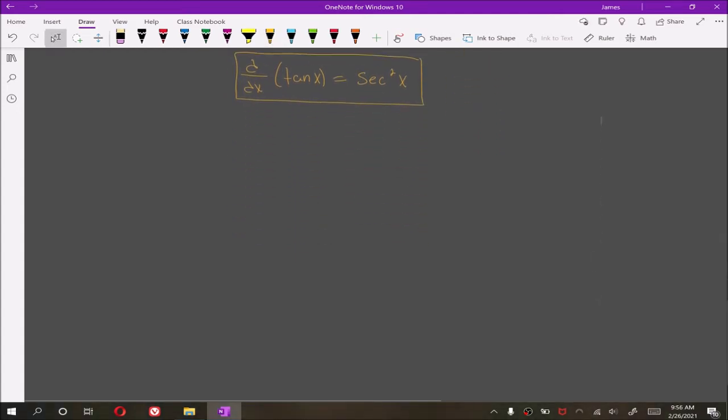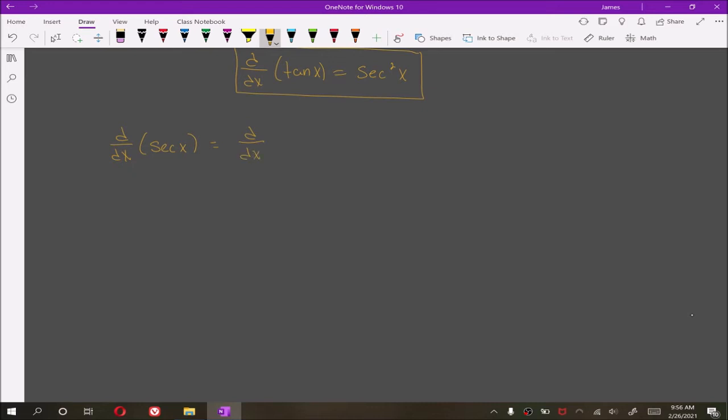Now we consider the derivative of the secant function. Again, we will not use the limit definition. Instead, we will write secant as 1 over cosine of x, or as cosine of x to the minus 1. Now this is a simple power chain rule, right? So it'll be negative cosine of x raised to the negative second power times the derivative of cosine of x.